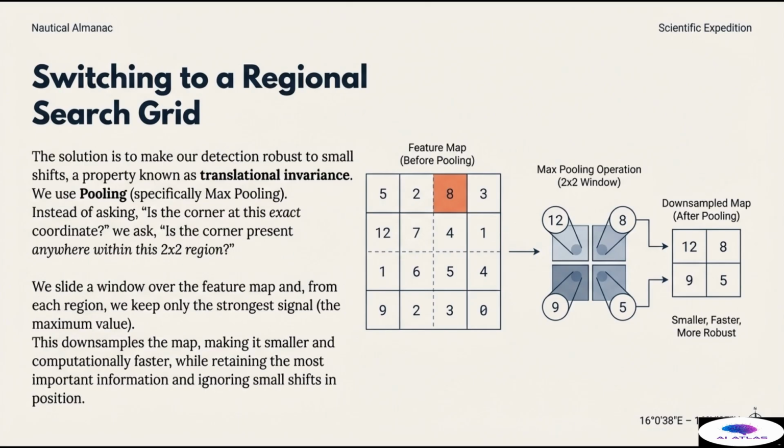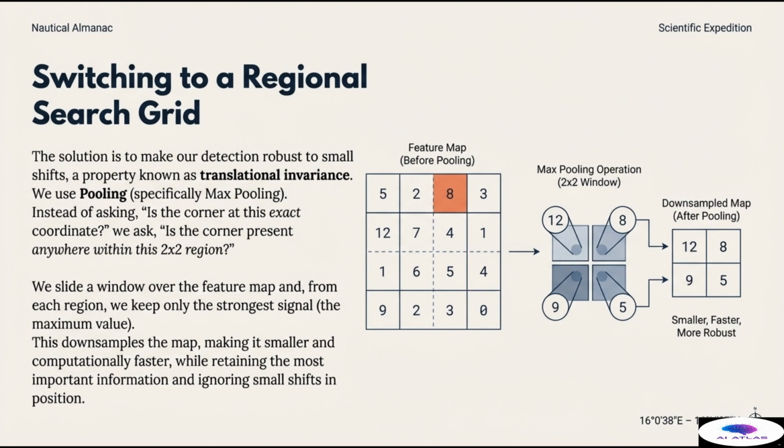The solution to overcoming the flaw of pixel-perfect rigidity lies in switching from a point-based search to a regional search. We must introduce resilience against small spatial shifts, a property known as translational invariance. The tool we use for this is pooling, specifically max pooling. Instead of asking, "Is the corner present at this exact pixel coordinate?" we shift our question to, "Is the corner present anywhere within this small 2x2 region?"